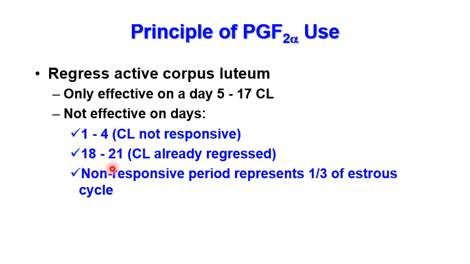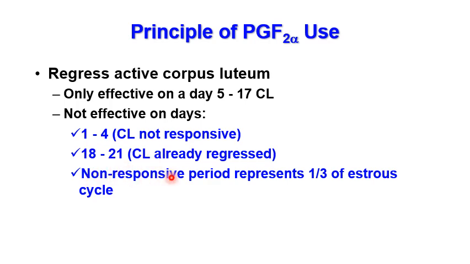This is also not effective at 18 to 21 days of the estrous cycle, because past 18 days of the estrous cycle, the CL has already been exposed to PG and has already regressed at this time. This is also non-responsive.